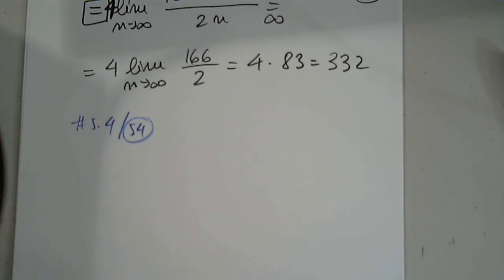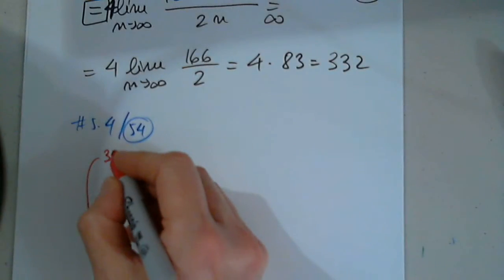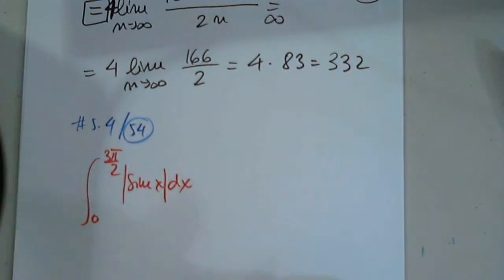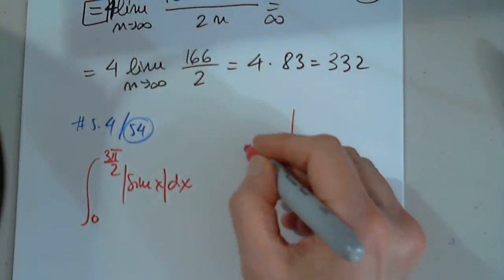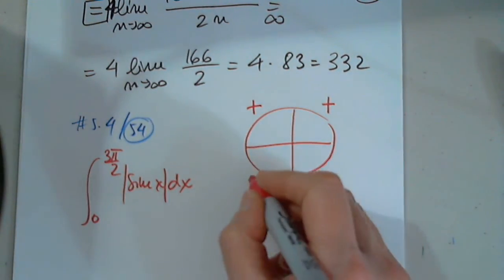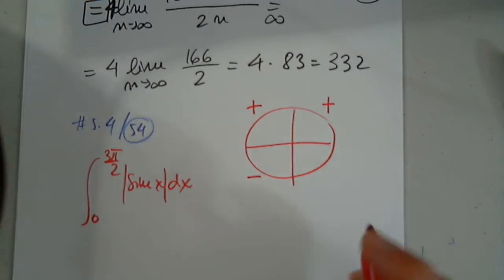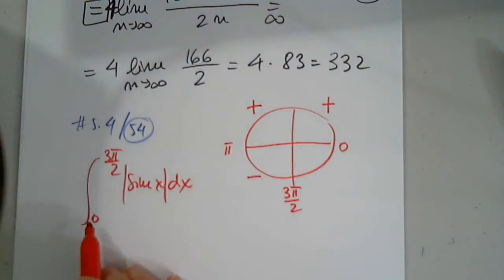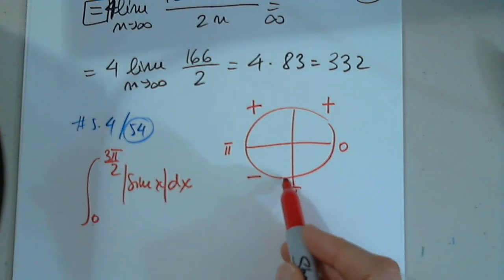So we have the integral from 0 to 3 pi over 2 of sine x dx, but in absolute value. So on the unit circle, sine is positive here, but sine is negative here. So this is 0, and this is pi, and this is 3 pi over 2.